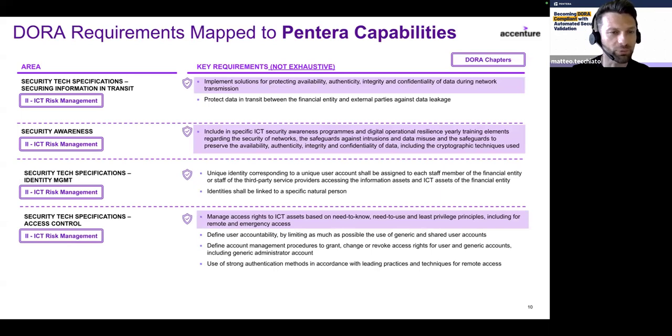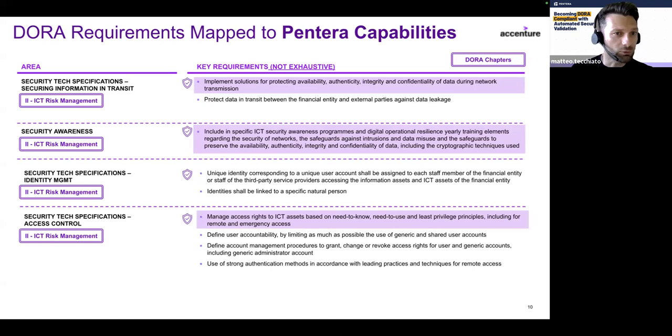You need to enforce the protection of your data while it is in your network, in your communication. Here, you can validate, you can test, you can find if your network, your infrastructure has the right level of security to ensure the confidentiality, integrity, and availability, obviously, of your data while it is in transit.